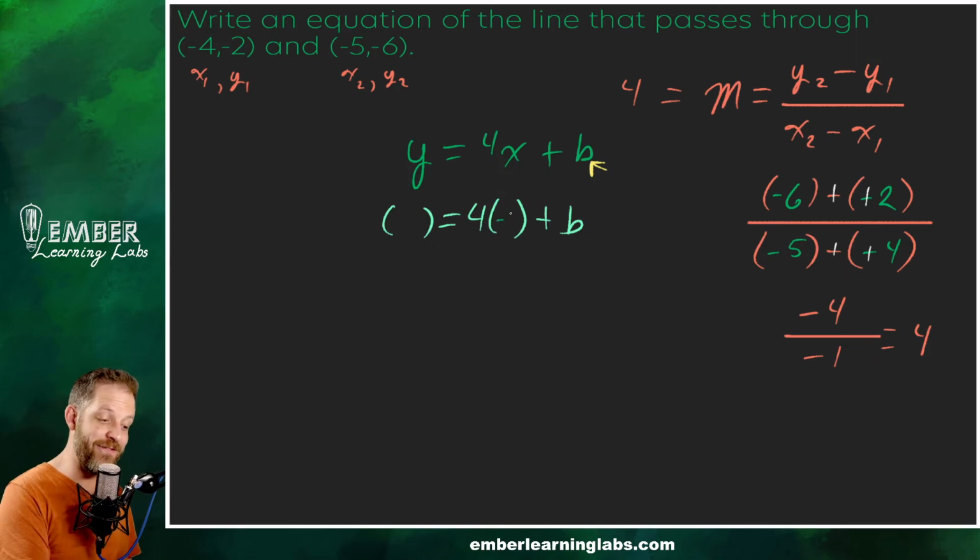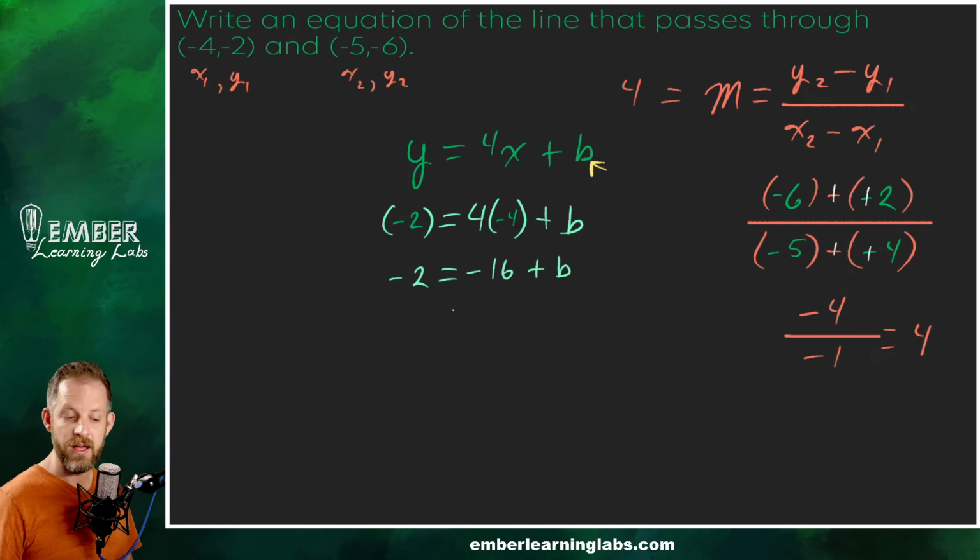We're going to plug a negative 4 in for x, and we're going to plug a negative 2 in for y. And then we're going to solve for b. So 4 times negative 4 is negative 16. Bring down plus b. Bring down equals negative 2. And then we're going to add that 16, right? So plus 16 and plus 16.